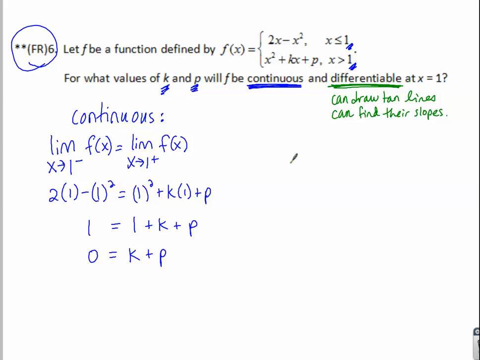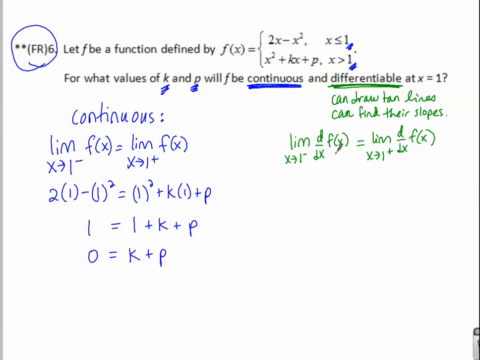Basically what we want to know is that the limit of the derivative of the function coming from the left is equal to the limit of the derivative of the function coming from the right. This is the way to show that the slopes are going to be the same from the left, slopes are the same from the right.